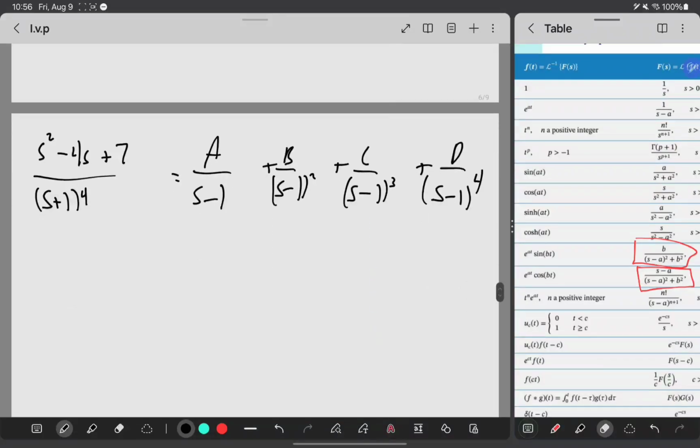So now let's multiply everything by s minus 1 to the 4th. A times, oh man. I didn't realize this one was so bad.